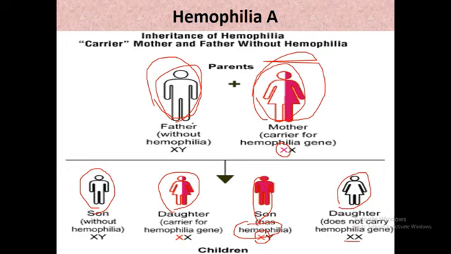Whenever the father is normal but the mother is a carrier, the possibility of hemophilic children or hemophilic males is around 25%. Likewise, in the females, the possibility of carrier females is also around 25%.